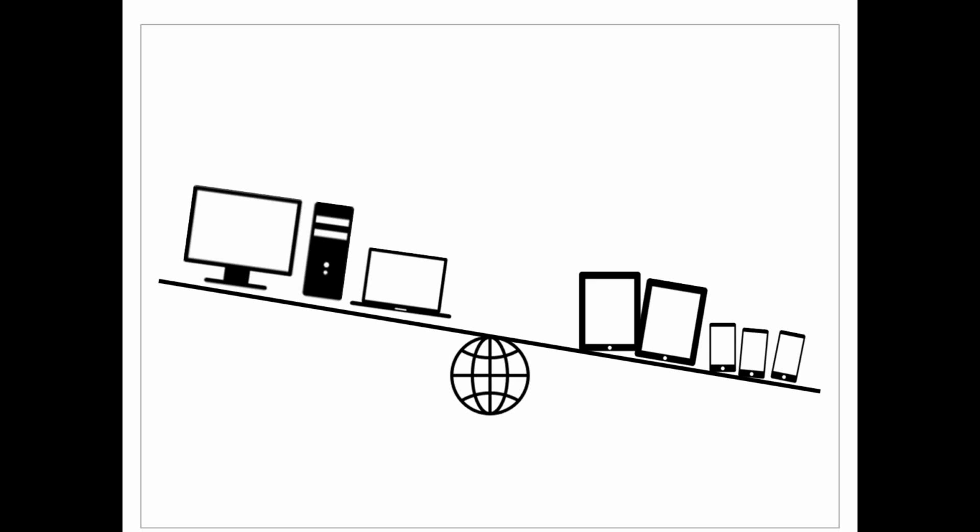We're moving very rapidly away from desktop computing to immediate access on devices of our choosing, tablets, smartphones, where we have this information at our fingertips when we want it in the format of our choosing. The world has shifted, and it's not going to go back.